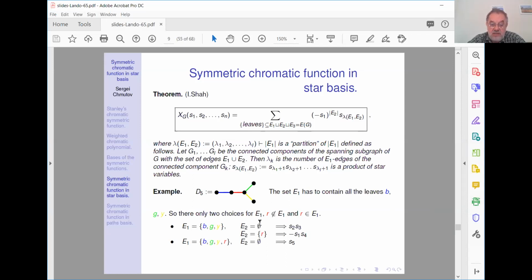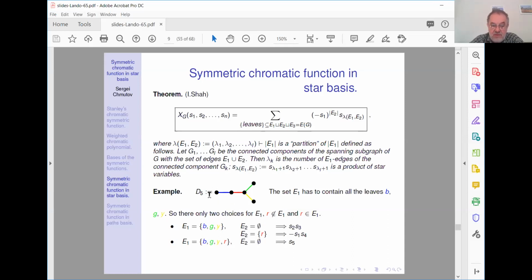So in the first case, when there are only leaf edges, blue, green, and yellow, then there are 2 choices for E sub 2. E sub 2 and E sub 3 form the entire basis. One of them, E sub 2, is an empty set. And that means that E sub 3 is going to be the R. Okay, so E1 union E2 is going to be just the leaf edges B, G, and Y. And there are two connected components in the spanning graph.